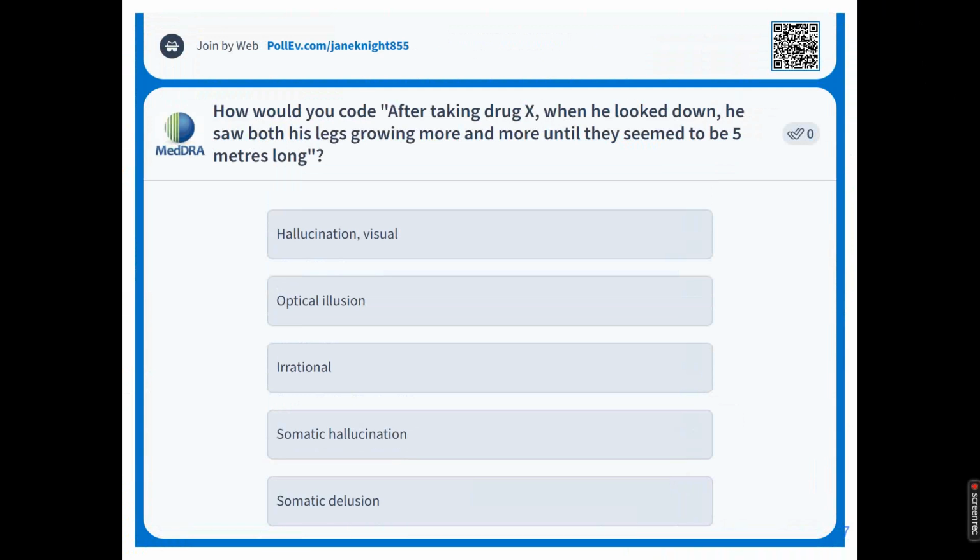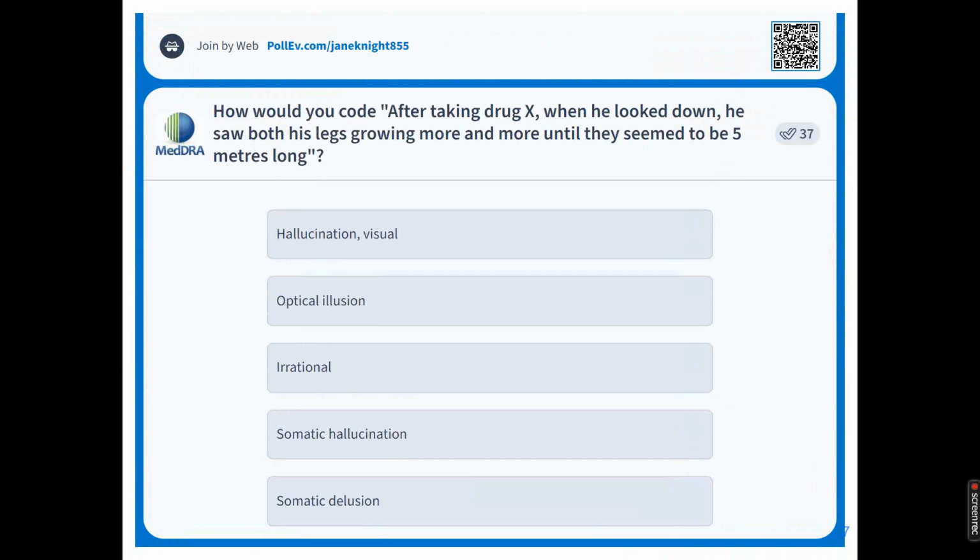I've given you a selection of LLTs here to choose from. As I say, we're not experts on this. It is a specialist area. But what would you say? Visual hallucination or optical illusion. Is it irrational? Is it a somatic hallucination? Well, soma is the body, isn't it?